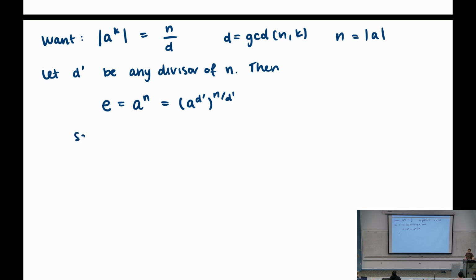So this means that the order of A to the D prime is less than or equal to N over D prime.